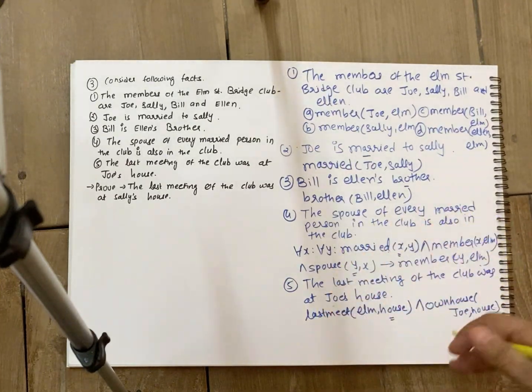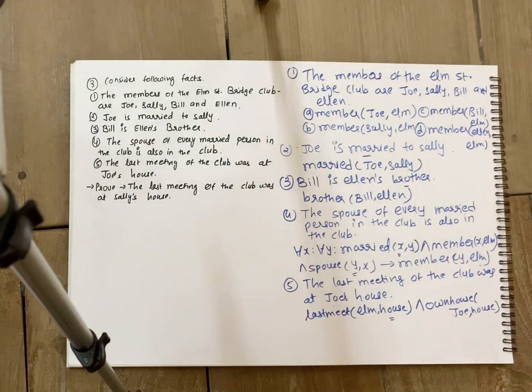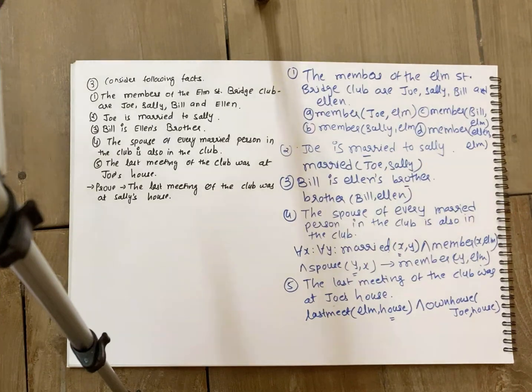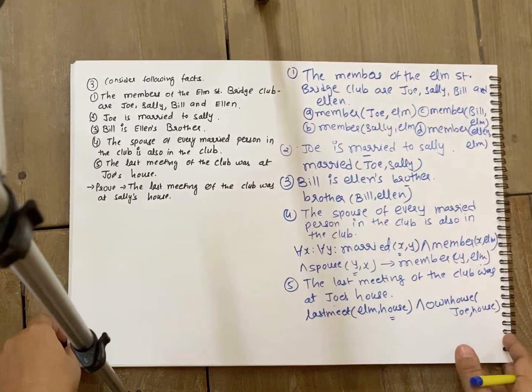Is it enough? There are certain facts which are inherent for us humans, but not for a computer. What kind of facts do we have here? For example, married and spouse. We know that if I make a statement like X and Y are married, then Y is spouse of X, but you have to write that down as a fact.